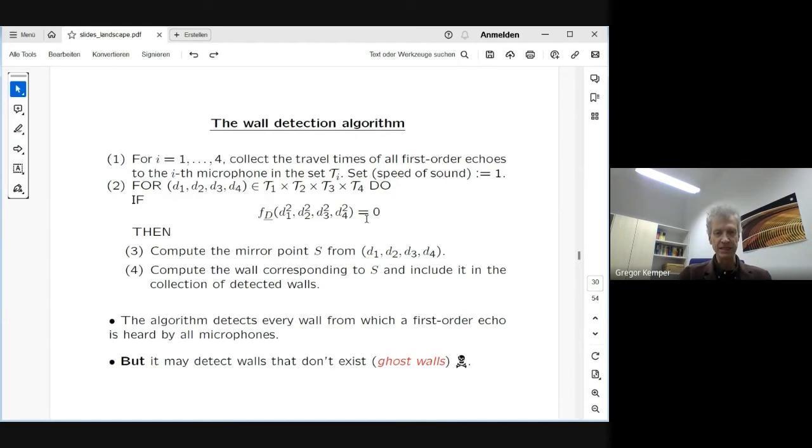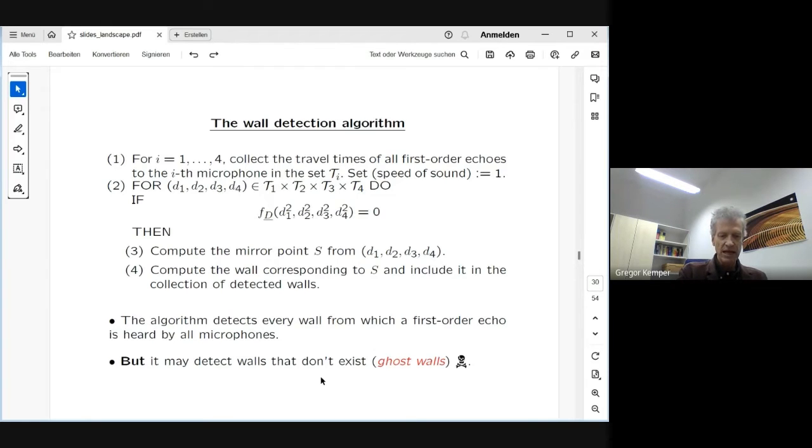Then it becomes even less of a coincidence that this relation will seem to be satisfied, even though it's by pure bad luck. This is what we and others call ghost walls: walls detected by this echo matching and wall computation algorithm that are not actually there, that just exist by coincidence.